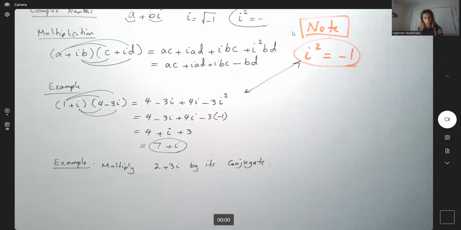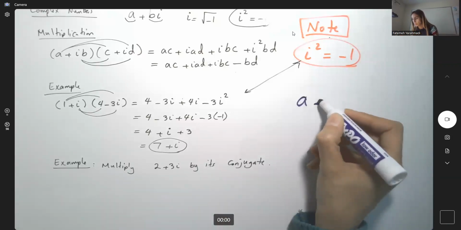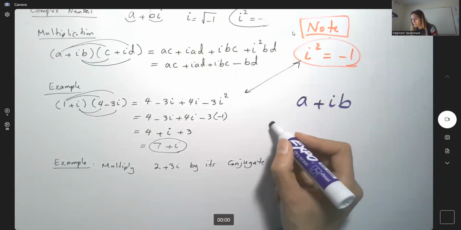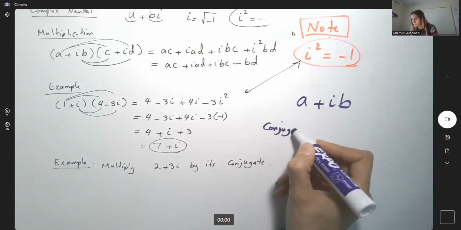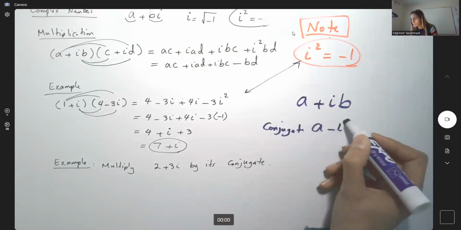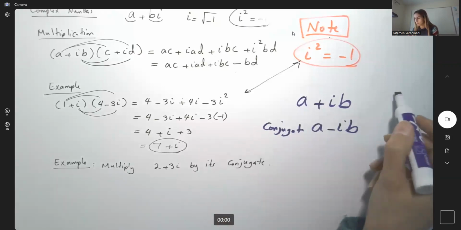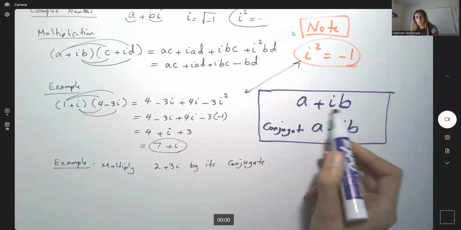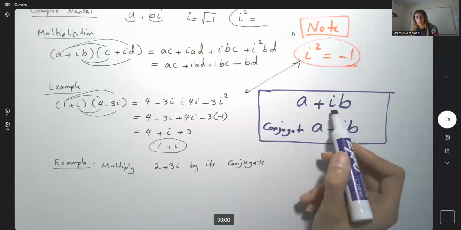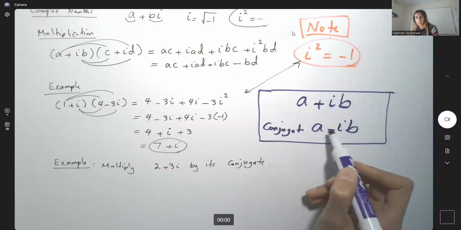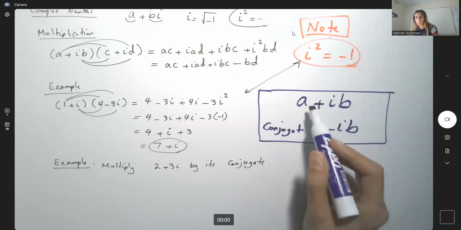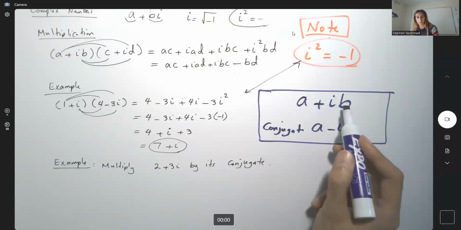So whenever you see a complex number, like A plus IB or A plus BI, its conjugate is A minus BI. There's another important note for you to remember. If you have a complex number, A plus BI, its conjugate is A minus BI. The only thing we change is the sign between real part and imaginary part.